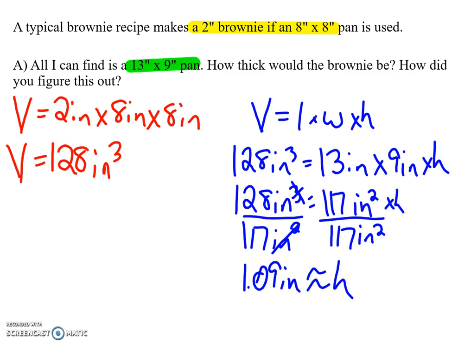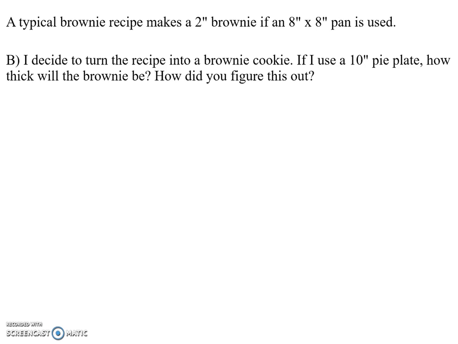So a little over an inch thick brownie is what I will get when I move to this 13 by 9. So the height almost gets cut in half by changing the dimensions, but it's still a total volume of 128 cubic inches.